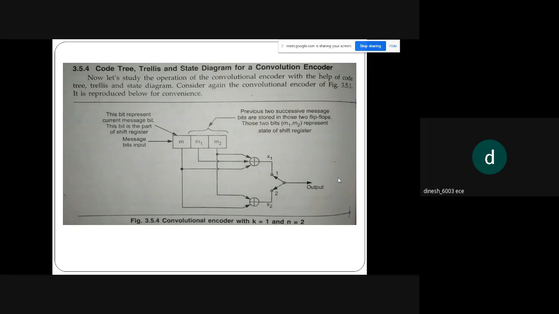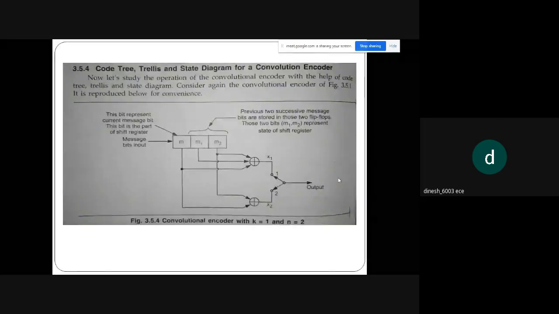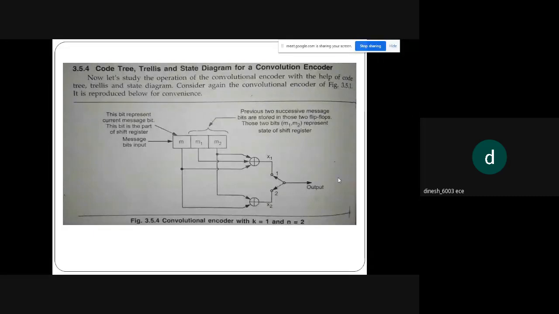You can see the diagram; check whether it is the same diagram that we had done in the previous example problem and in the previous convolutional introduction. We have capital K is equal to 3, so 3 shifts: M, M1, M2. M is the current message bit, and we have flip-flops M1 and M2, which are the 2 bits representing the state of the shift registers.